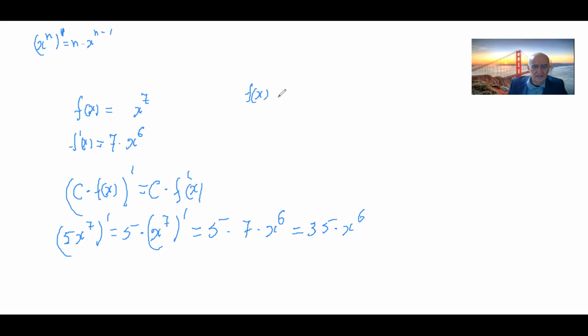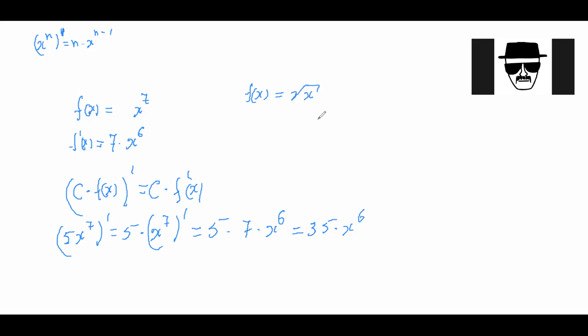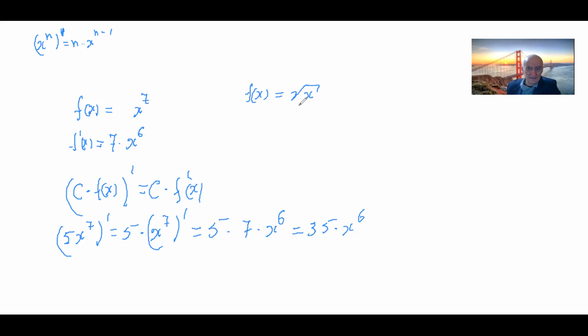Now, for example, we have f(x) equals square root of x. Any idea how we can find this derivative? Yes, x to the power 1 over 2. Very good idea.